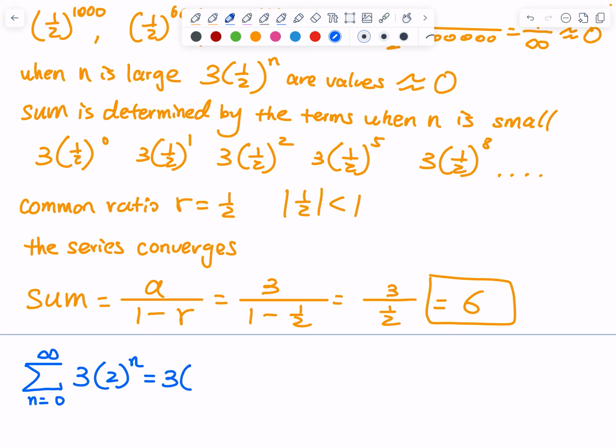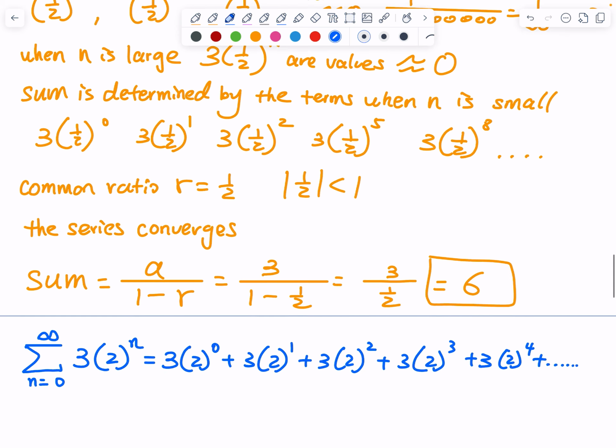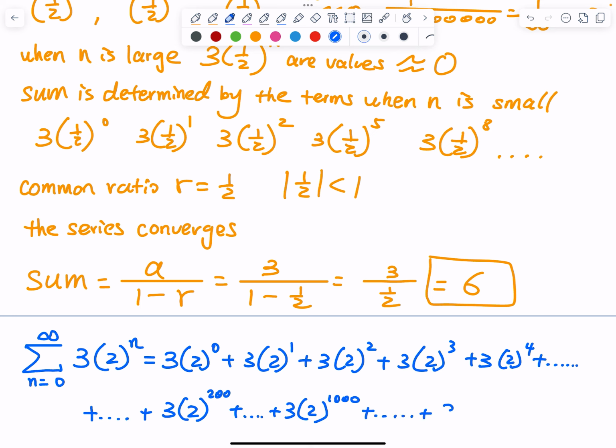So that is 3 times 2 to the 0, and then 3 times 2 to the first, 3 times 2 to the second, 3 times 2 to the third, 3 times 2 to the fourth, and you can keep on adding, but you will reach terms like 3 times 2 to the 200, then 3 times 2 to the 1000, then 3 times 2 to the 10,000, and you are still keeping on adding.